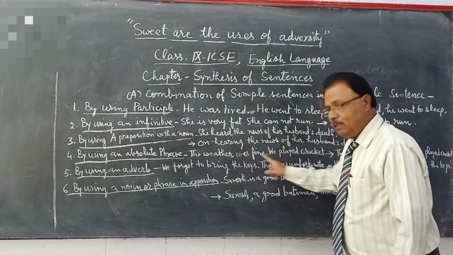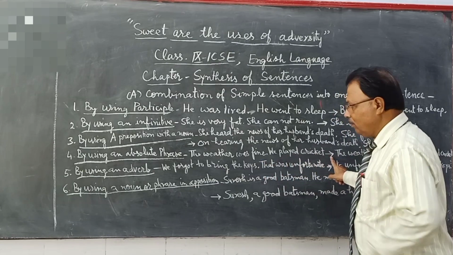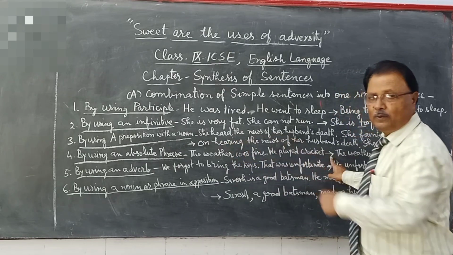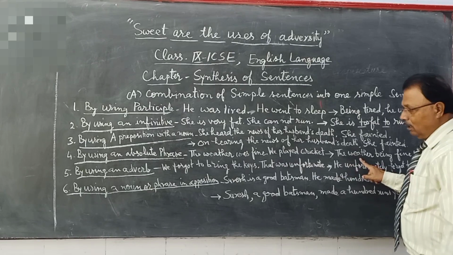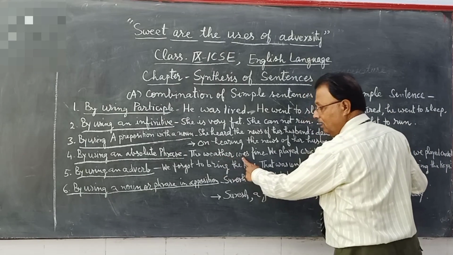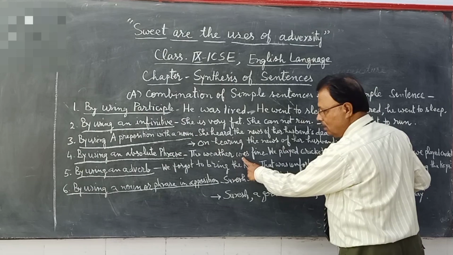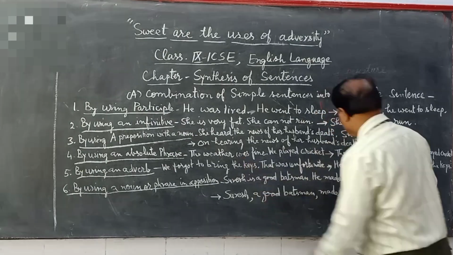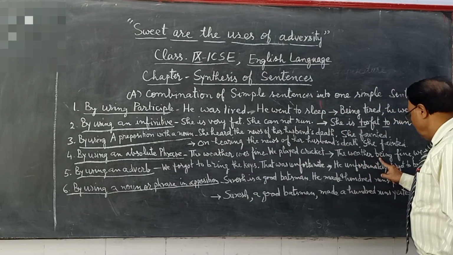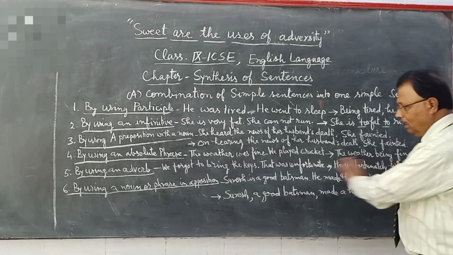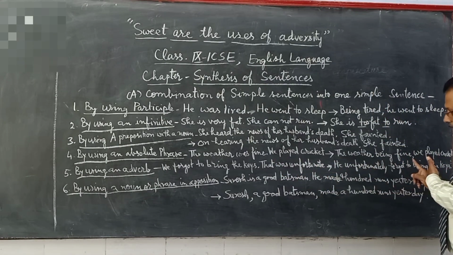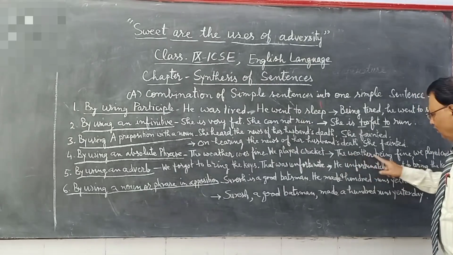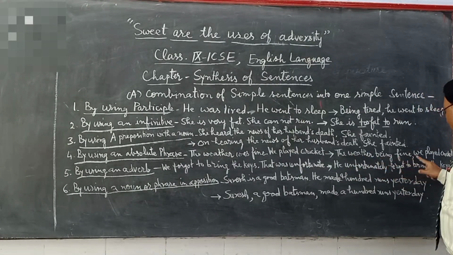Then we have to combine these two sentences together by using an absolute phrase. Like this: the weather, and in place of was we use being. The weather being fine. And the second sentence remains the same. The weather being fine, we played cricket.